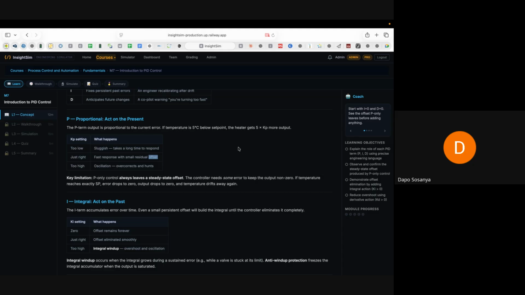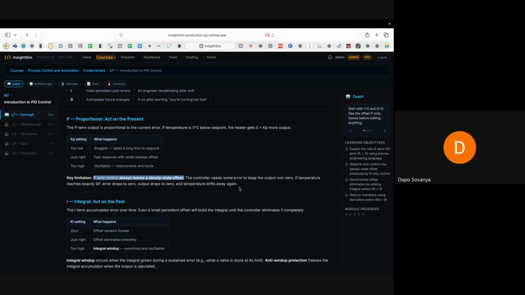So the key limitation is that P-only control always leaves a steady state offset, right? The controller needs some error to keep the output non-zero. If temperature reaches SP, error drops to 0, then output drops to 0, and temperature drifts away again.